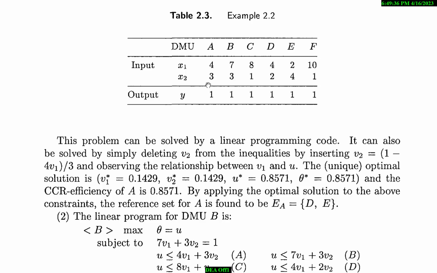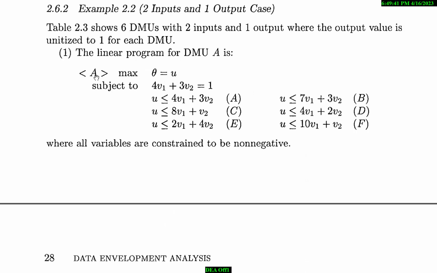For example, for DMU A, the CCR model is maximize theta equal to u, because we have one output and the output value is 1, so the objective function for DMU A is u by 1, or u.